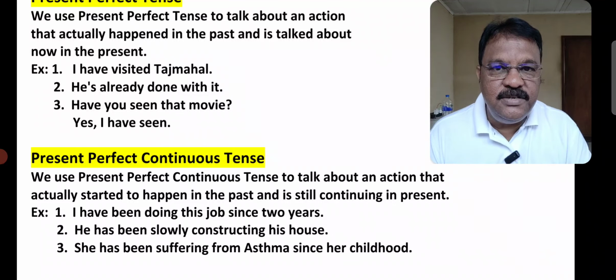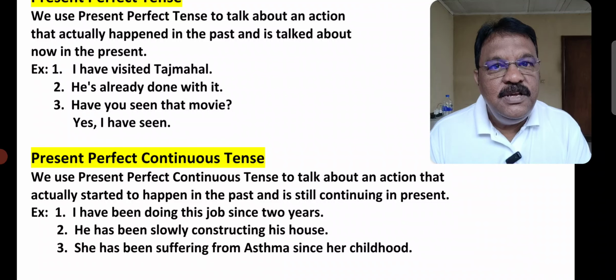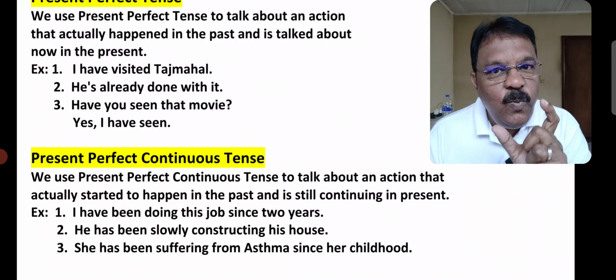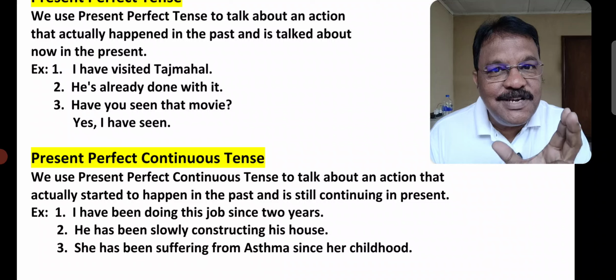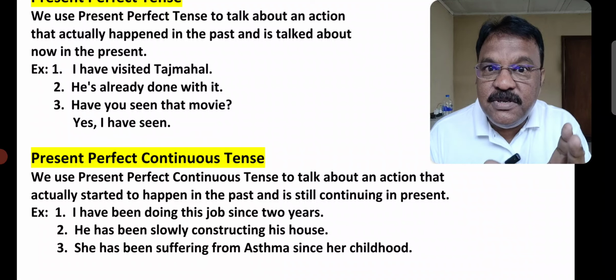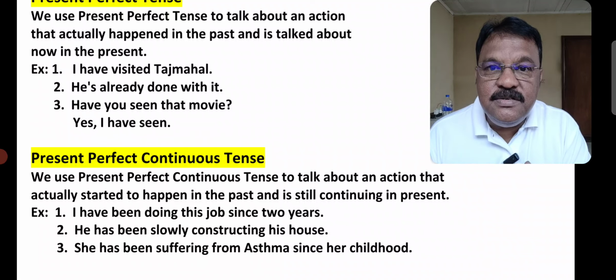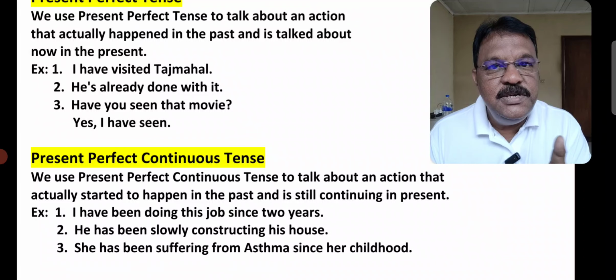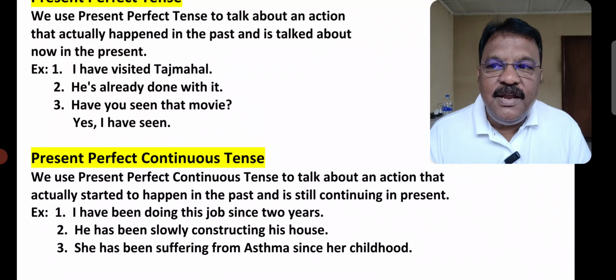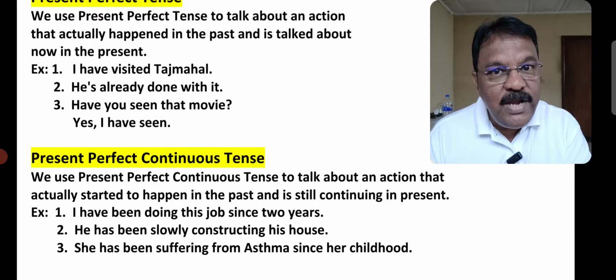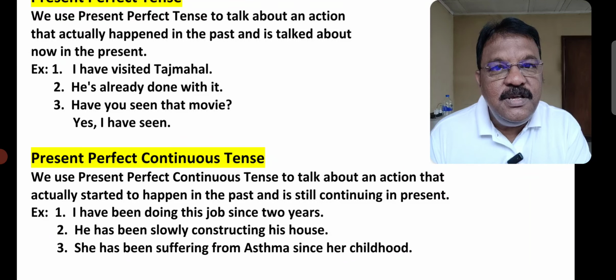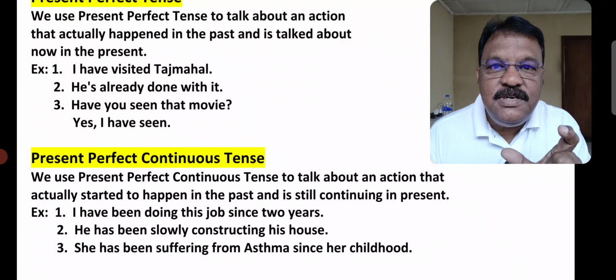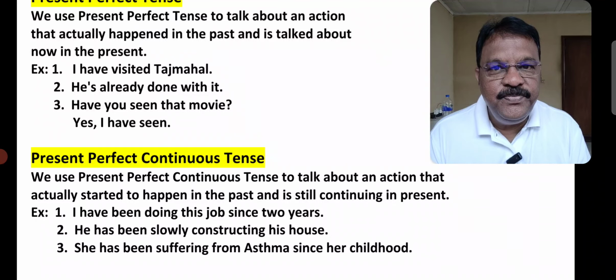Now you have learned when to use simple present tense verbs, present continuous tense verbs, present perfect tense verbs, and also the verbs in present perfect continuous tense format. You got it?